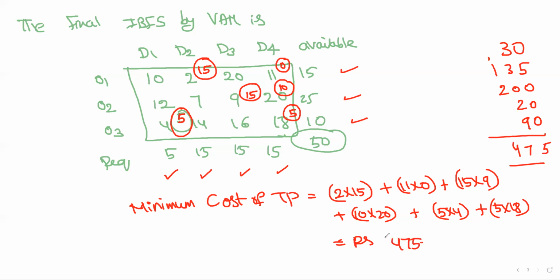That's all. So we find initial basic feasible solution by different methods. Once again, up to now we discussed how to find initial basic feasible solution by different methods.